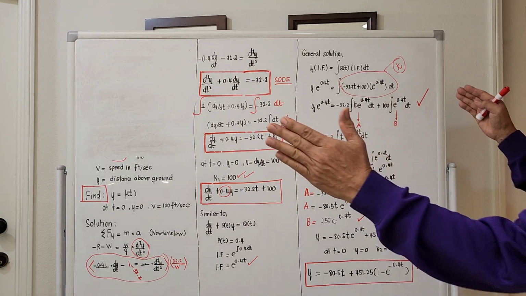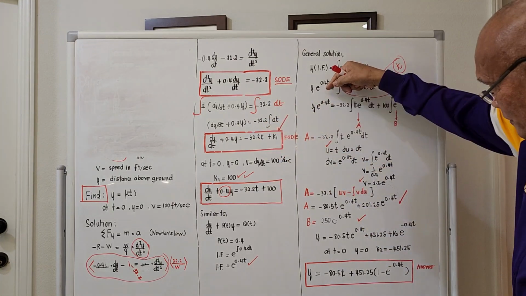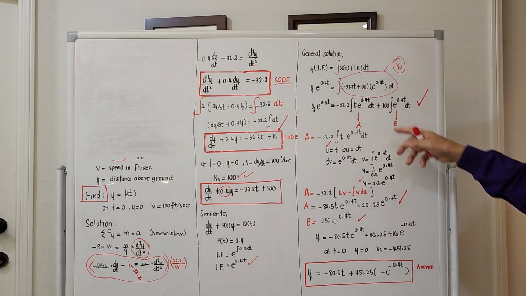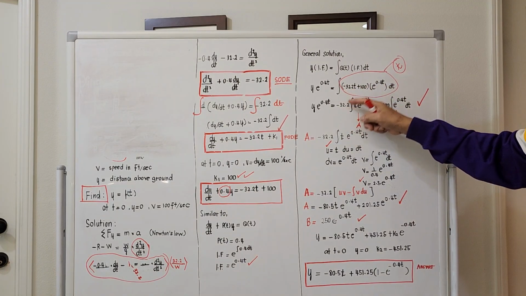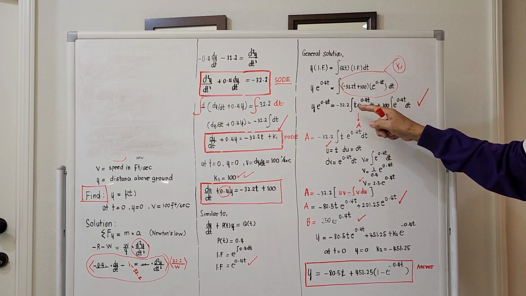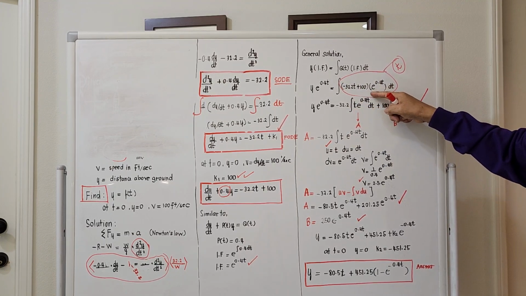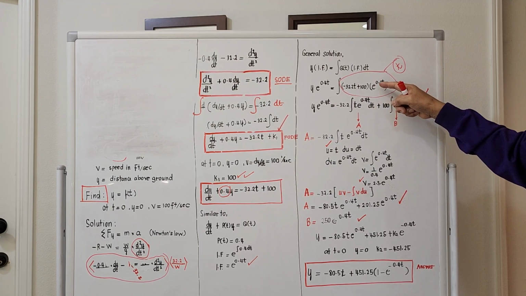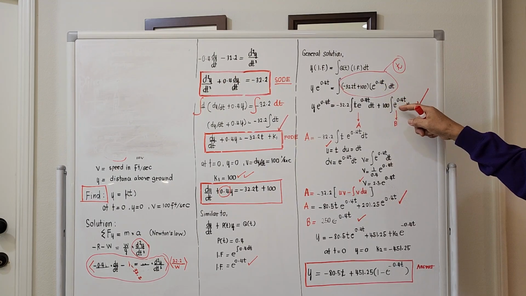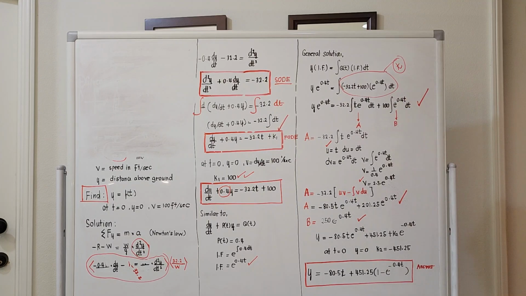So if we try to expand now, y e to the 0.4t equal to, I will try to expand this one. What comes out will be negative 32.2, the integral of the product t times e to the 0.4t differential time, plus 100 times the integral of e to the 0.4t differential time.